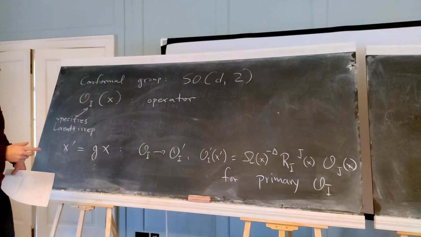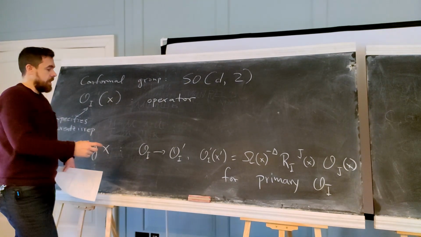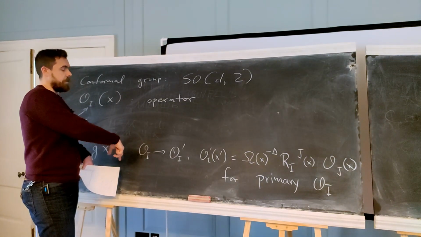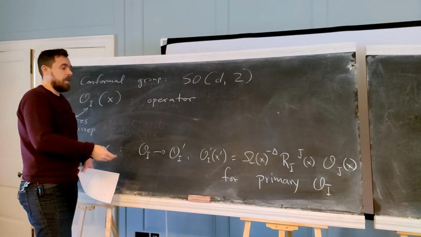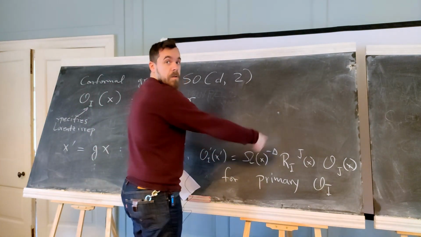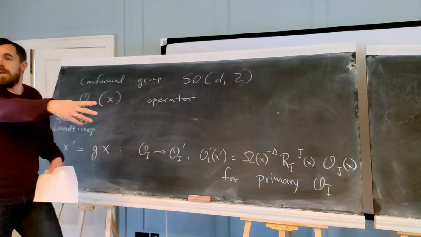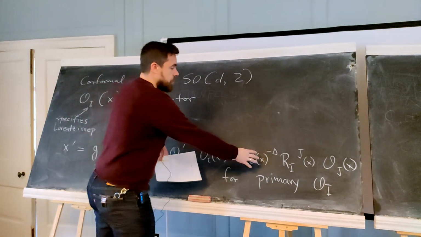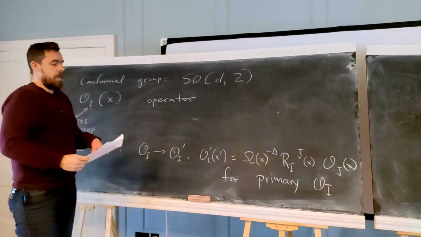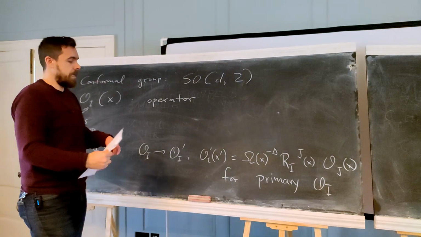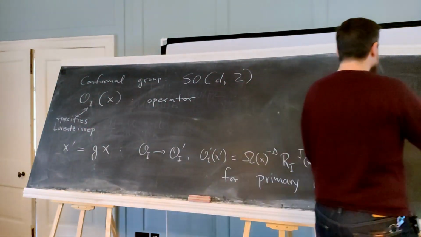There is a trivial way to find operators that are not primaries. If you take a derivative of a primary, it will not be a primary, because the derivative by the chain rule will also hit this factor over here. It will generate extra terms. So you can use transformation properties like this to call a bunch of operators primaries, and derivatives of those operators will not be primaries, but will be what we call descendants.